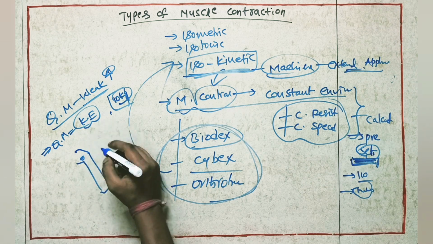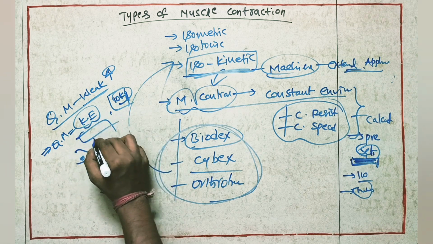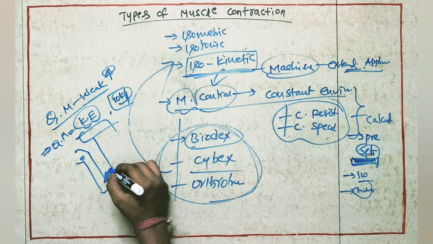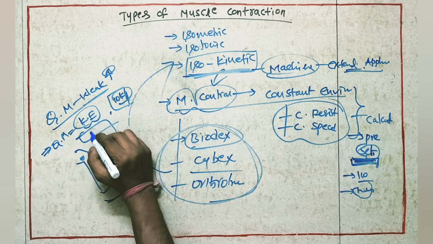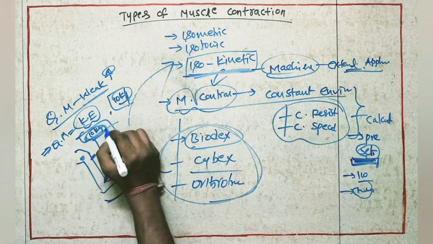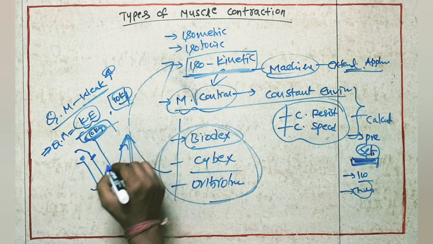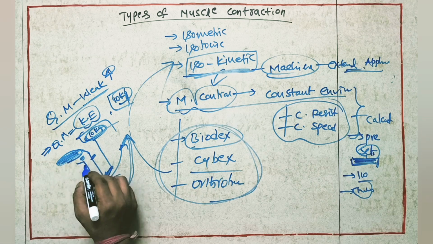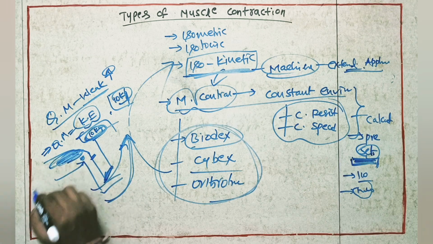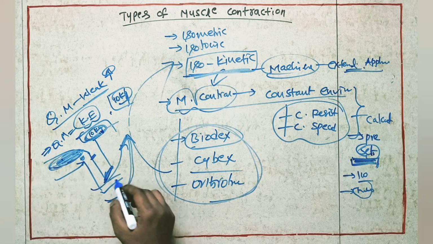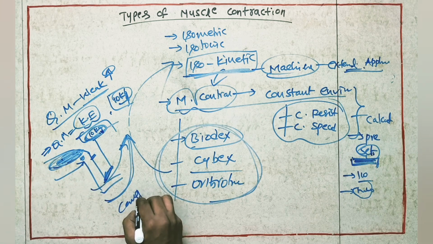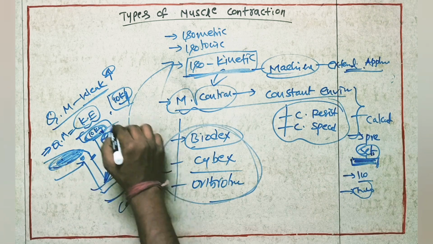The machine will be here, and the resistance will be added to the leg, usually lower. Then the patient has to do knee joint extension. Here the point is, 10 kg resistance is already settled. To lift this weight, the patient has to generate quadriceps muscle contraction. So according to this weight, movement will happen. It is like a constant speed. Everything will be settled in the machine.